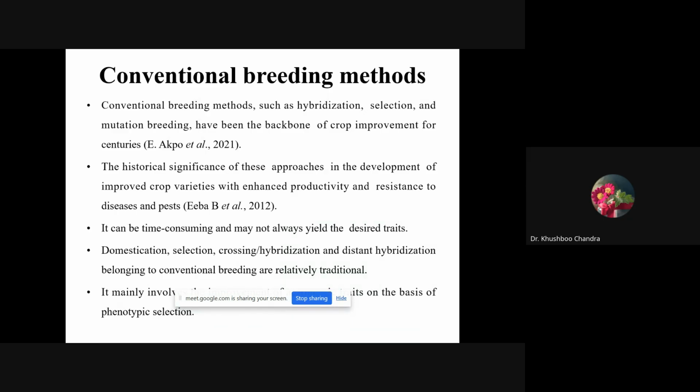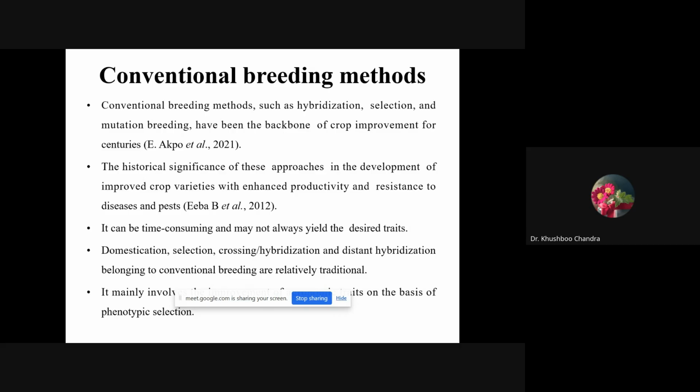Now coming to the conventional breeding methods, as I told you, there are different methods like domestication and selection. Whatever you have, like we found some wild progenitors that are efficient in some ways but lacking in others, such as yield, which is very low. So we want to incorporate some of the genes present in their gene pool, like biotic and abiotic stress tolerance, when we domesticate them and convert them into cultivars through different selection methods.